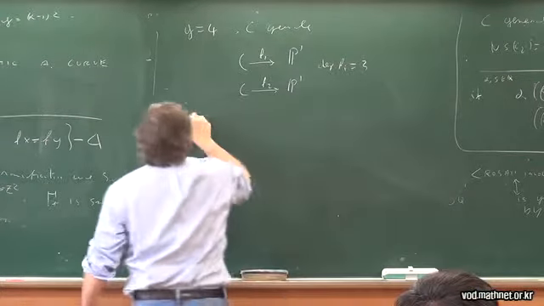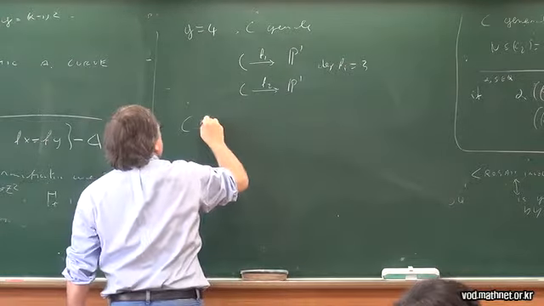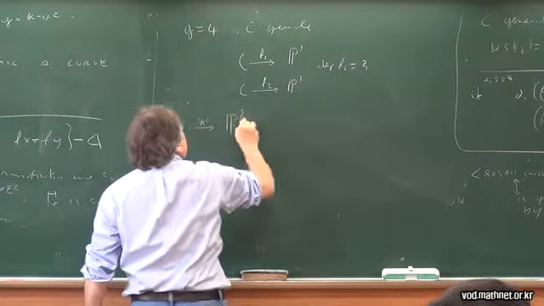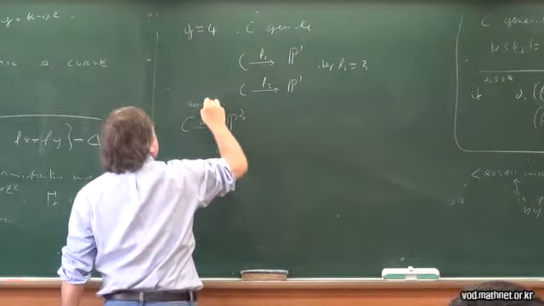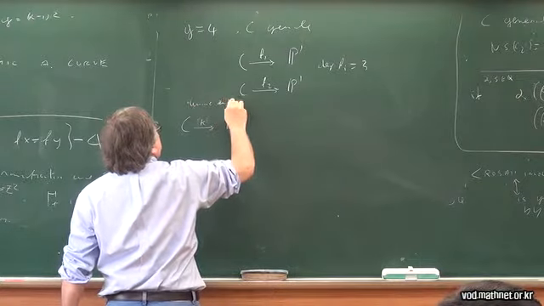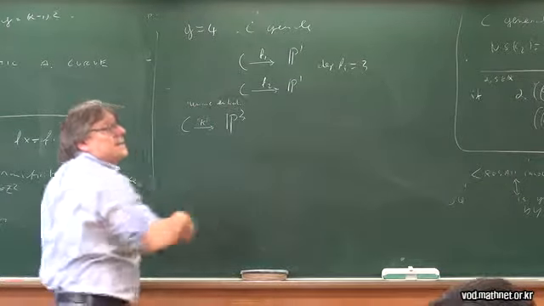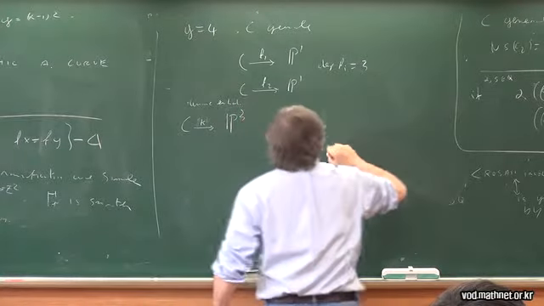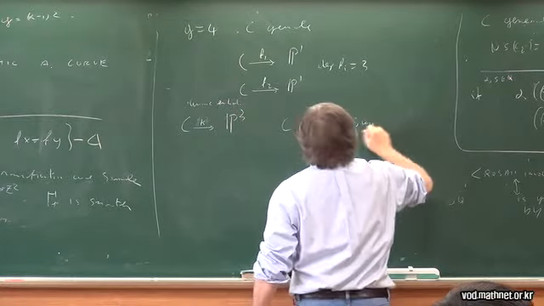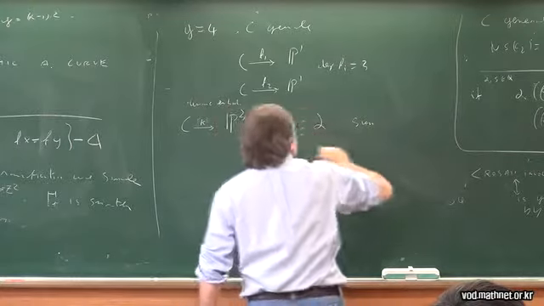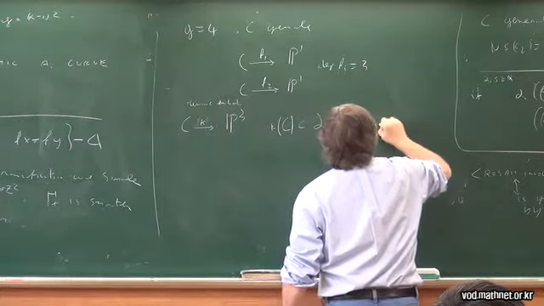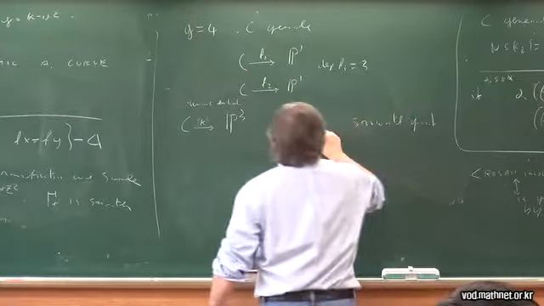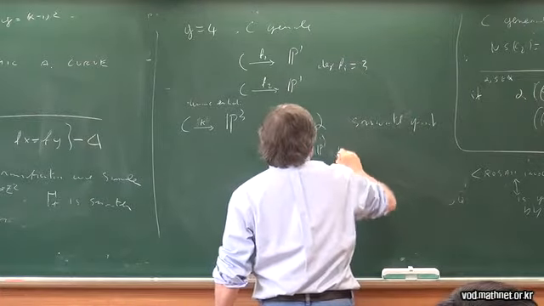In fact, you take the canonical embedding, called K, canonical embedding, and the image is in a quadric, a smooth quadric. And then this is P1 by P1.